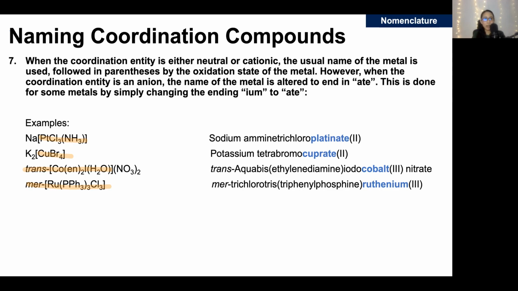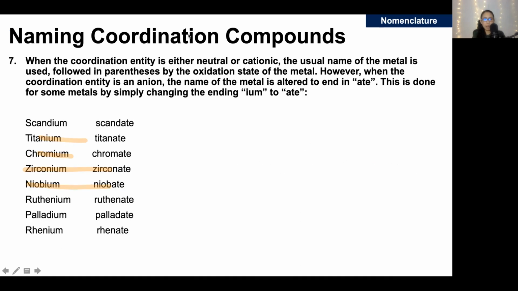So for example, here we see some metals whose names end in ium and how their names are transformed to the ate ending. So scandium, scandate, titanium, titanate, chromium, chromate, zirconium, zirconate, niobium, niobate, ruthenium, ruthenate, palladium, palladate, rhenium, rhenate.